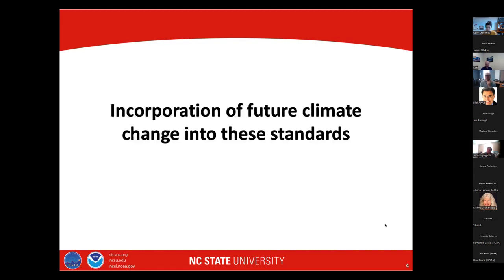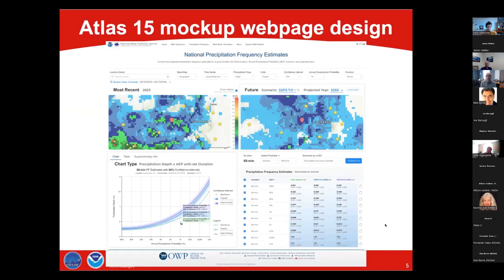Okay, so with that as background, the work that's going on now is to incorporate future climate change into these standards. So for Atlas 15, this is just a mock-up. These aren't real values that'll be in Atlas 15, but Atlas 15, as probably everybody on this call knows, is going to have 2 volumes, Volume 1 and Volume 2.